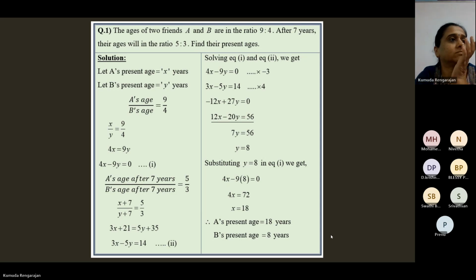Completed. Then when I asked you if you got it, you didn't say anything. That's what I was asking. I was asking only the online children for the answers. Is it? Okay, so you got the equations? Both of you got the right answer also. Very good. Others, please complete.